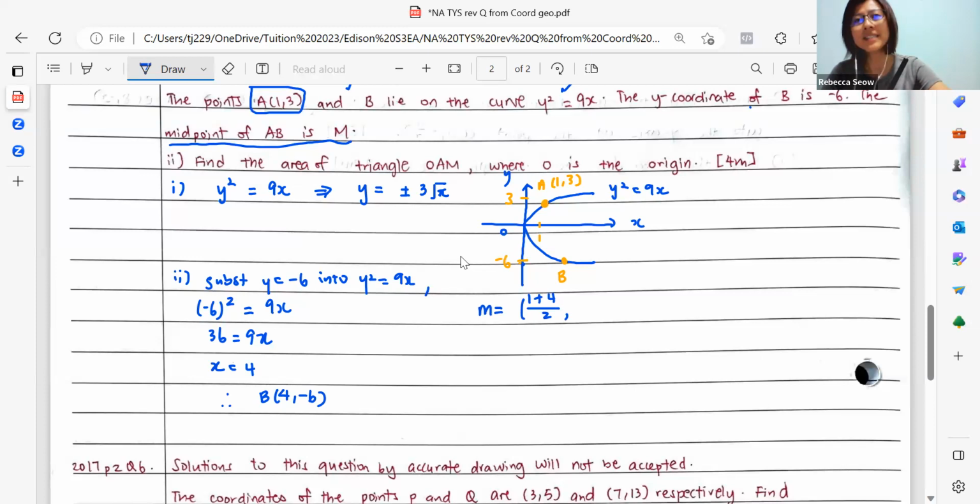Sorry, x1 plus x2 out of 2 and y1 plus y2 out of 2. So from here we will end up with 2.5, comma, negative 1.5. That's the coordinates of M.